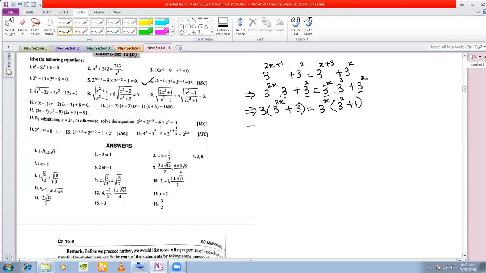Okay. What you also see is that 3 to the power of 2x can be written as 3 square to the power of x, plus 3 is equal to 3 to the power of x into 3 square plus 1.